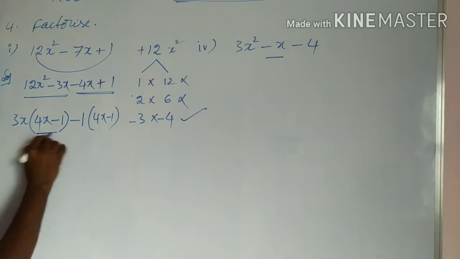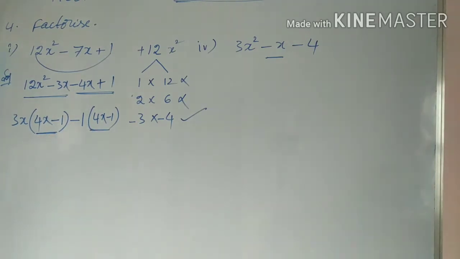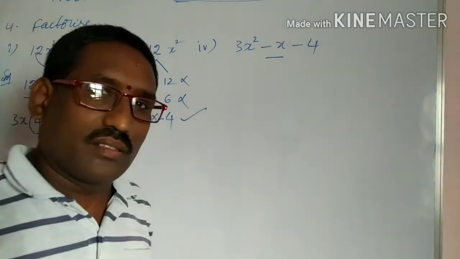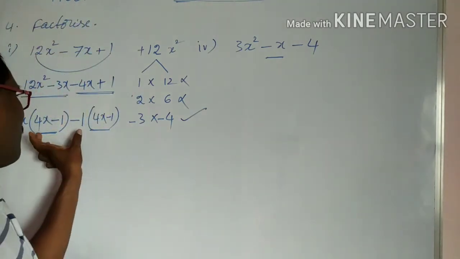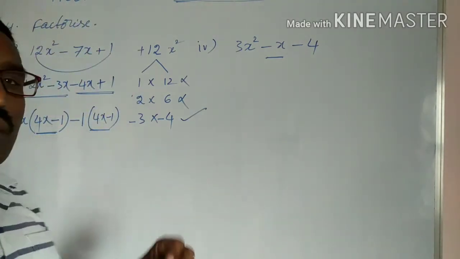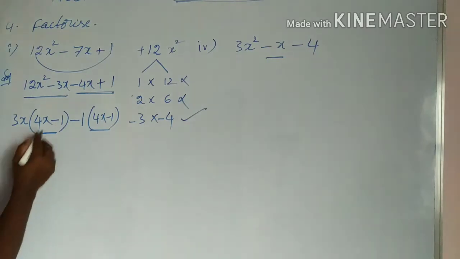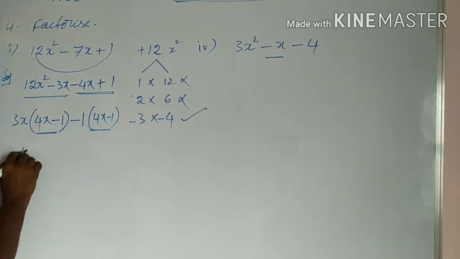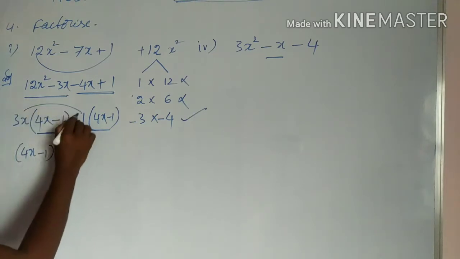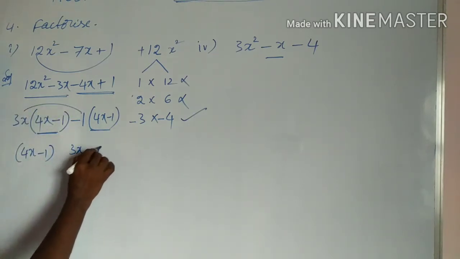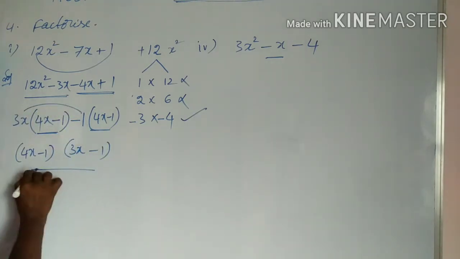This factor, this one and this one must be the same. If different answers or different terms are coming, that is wrong. Okay. Now out of these two you can write 4x minus 1 into 3x minus 1. That's all. These are the factors.